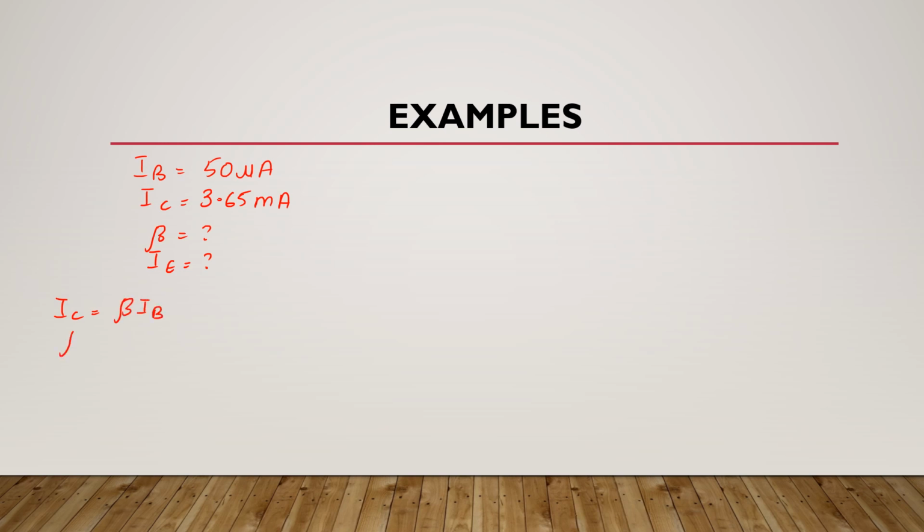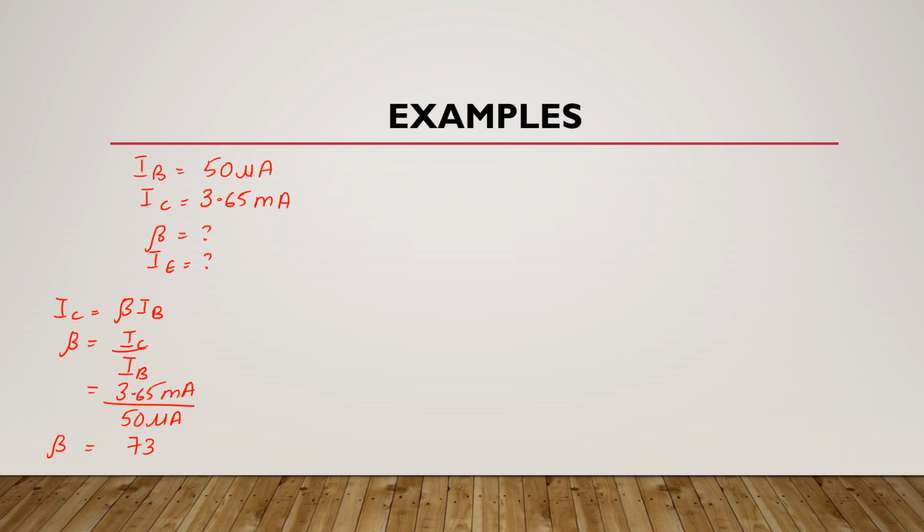It means beta is equal to IC divided by IB. Now if we put values here, we get 3.65 milliamperes divided by 50 microamperes, and after solving this you will get beta is equal to 73.